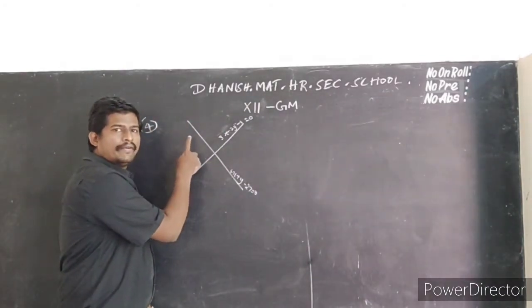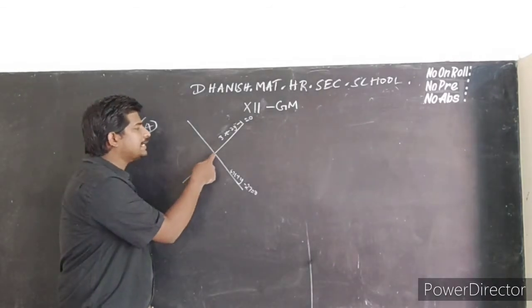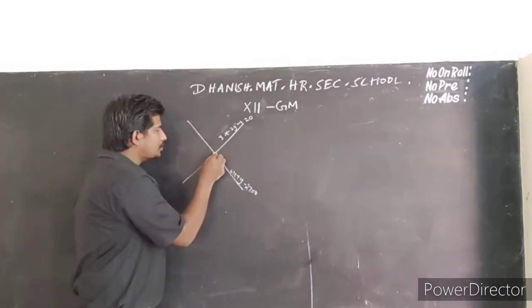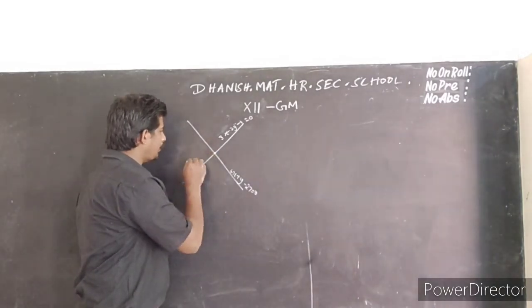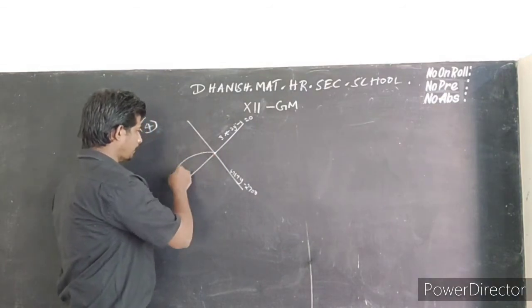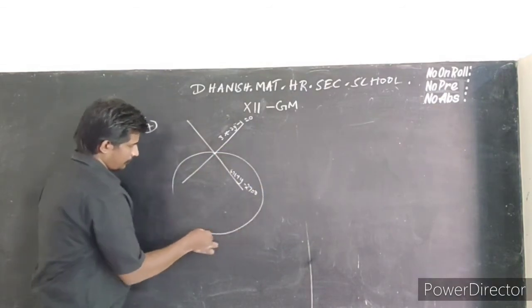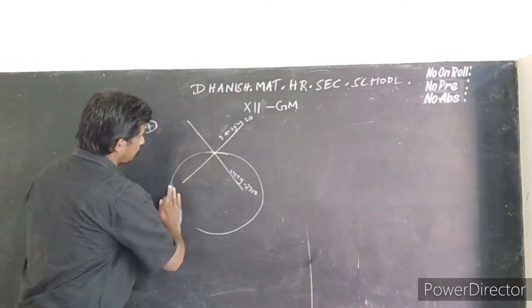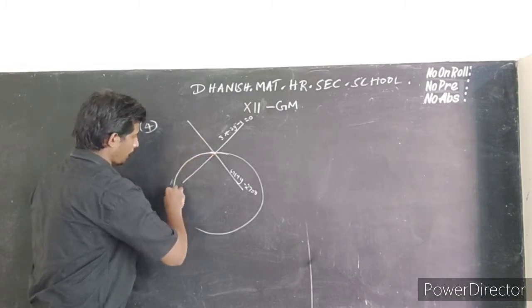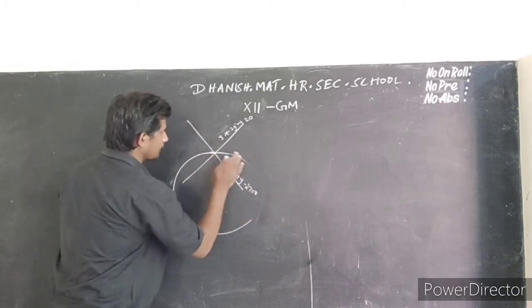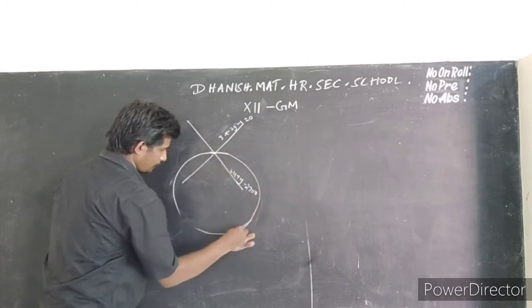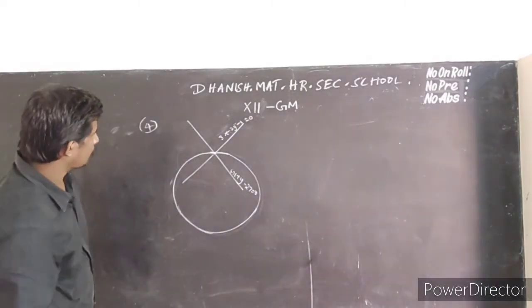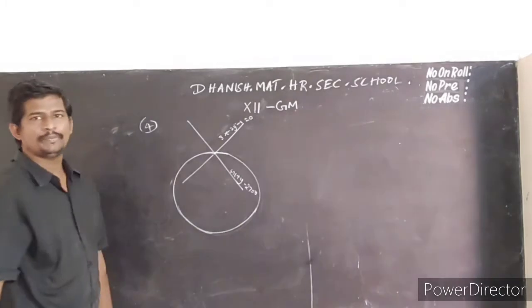Our circle should pass through the intersection of these two lines, so our circle should be like this.